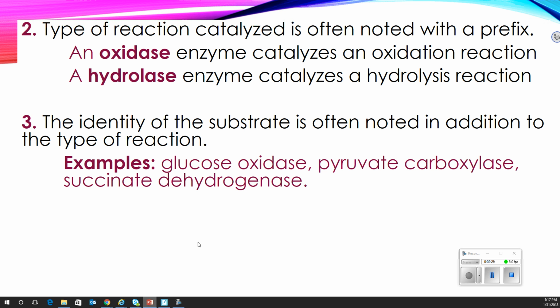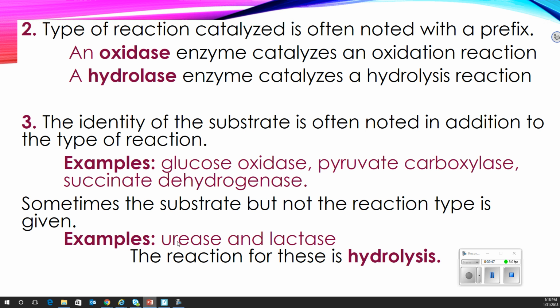And then what are we doing? What thing are we doing it to? That's put as a name before the ASE. So glucose oxidase, meaning it's an enzyme oxidizing glucose, right? We went over this last time, so that shouldn't be too hard.